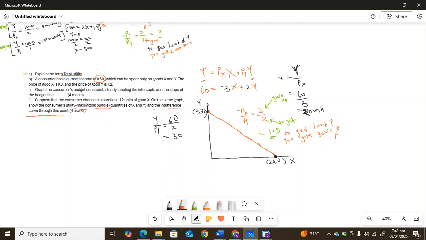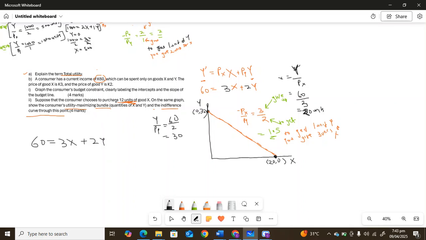So they told us if this person purchases 12 units of good X, we need to find out how many units of good Y they can get. So here we write our budget constraint equation: 60 equals 3x plus 2y.